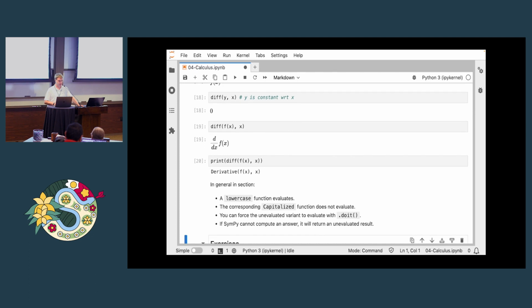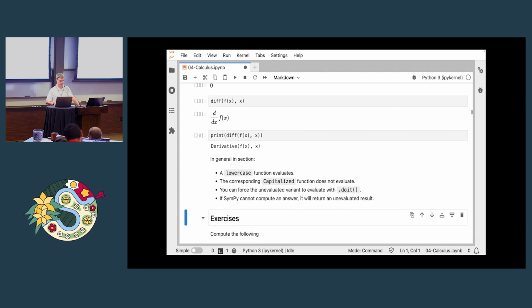And whenever the lowercase function can't compute something, instead of giving an error, it will just return the unevaluated form. So if you see an unevaluated form, that usually means that SymPy just wasn't able to compute it. And you can always verify that by calling doit to try to force it to evaluate.